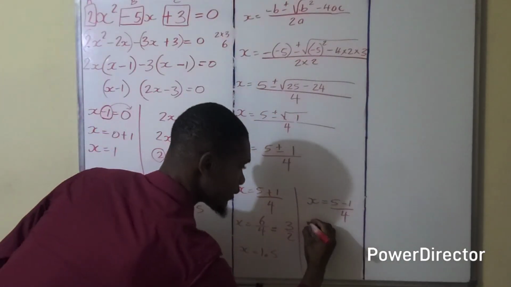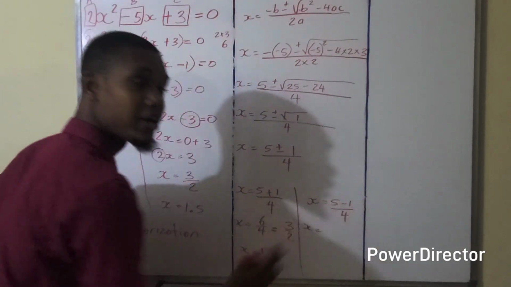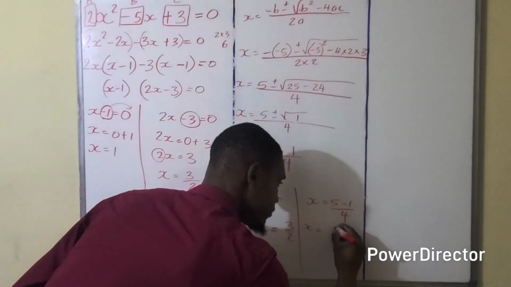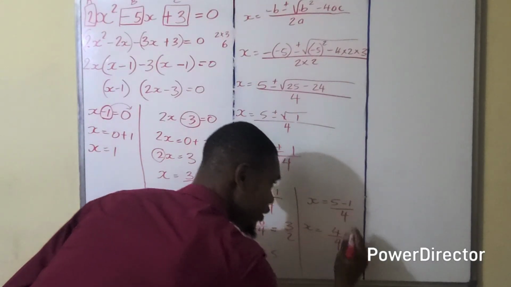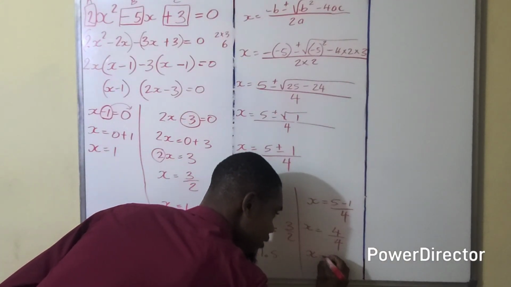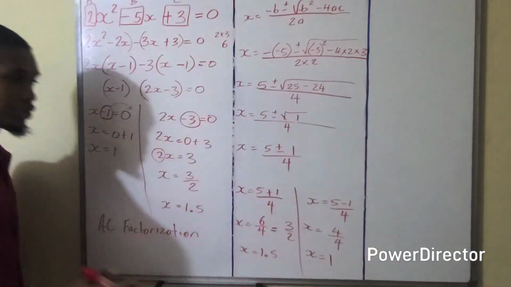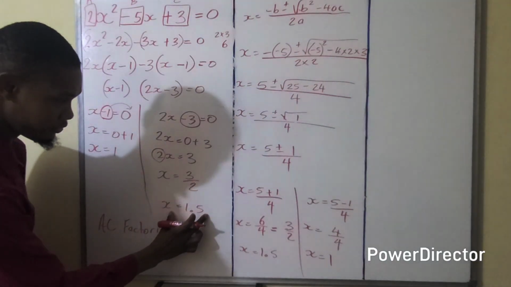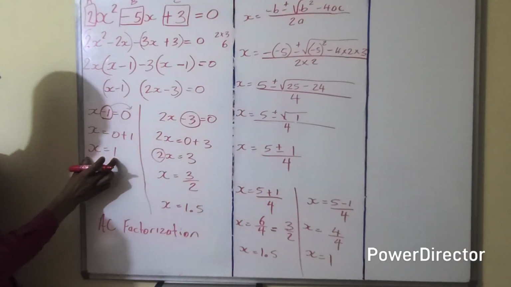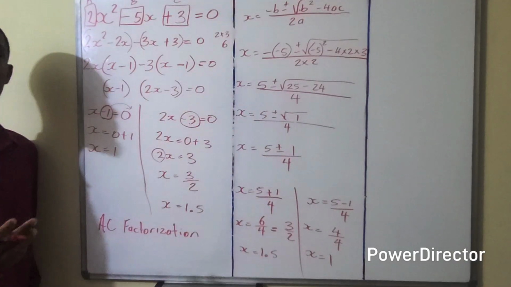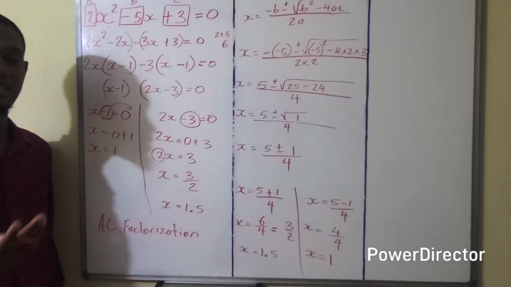This side now, x equals 5 minus 1 is 4 over 4. So x is equal to 4 over 4 is the same thing as 1. So you see both methods. So 1.5, 1, both methods are able to give you the same answer.